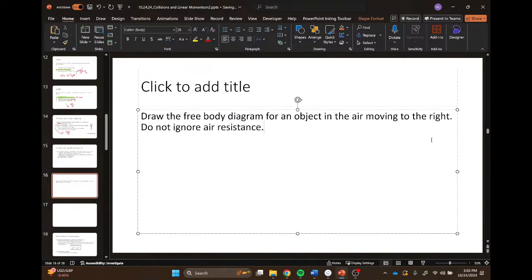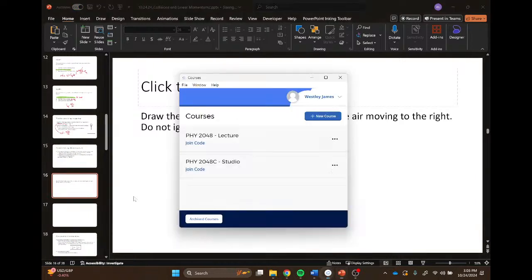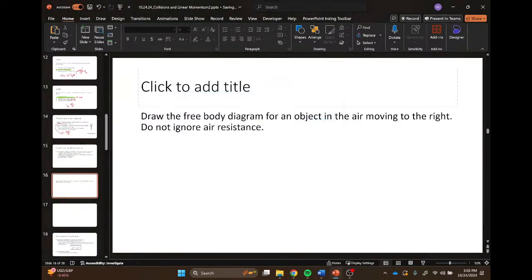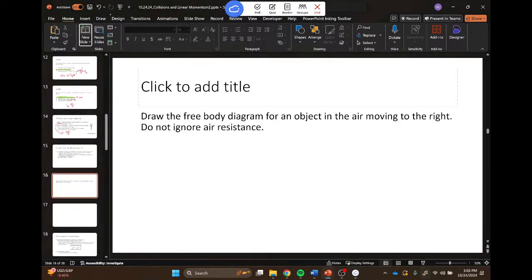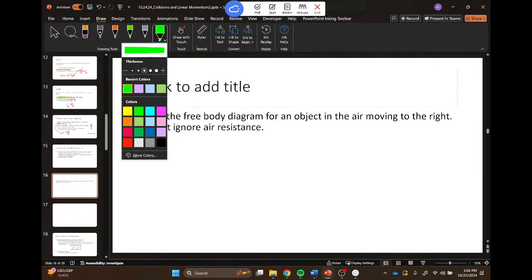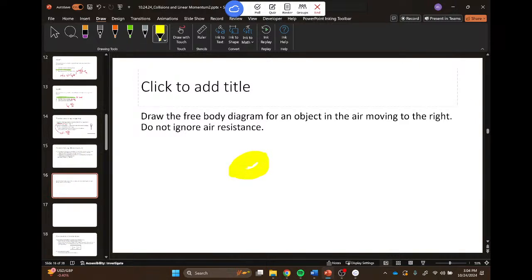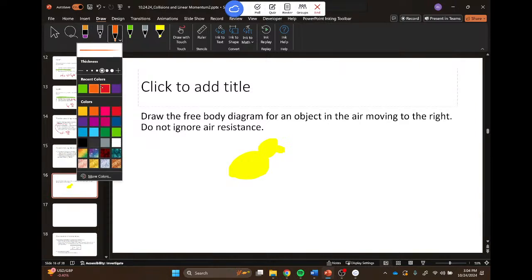And I think that was bolded and underlined. All right, so you go through, you draw your free body diagram. There it is. There's demo duck.